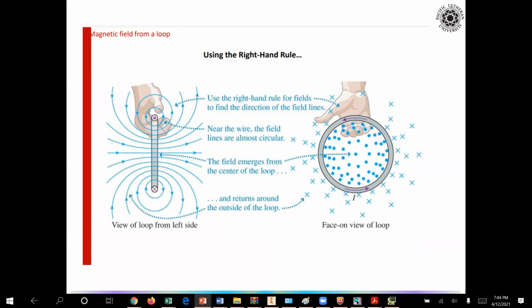Let's start with the current pointing out at the top. The current comes out to you, your thumb points in that direction, and your curled fingers point to the direction of the magnetic field.